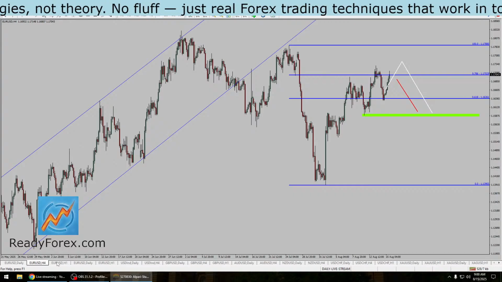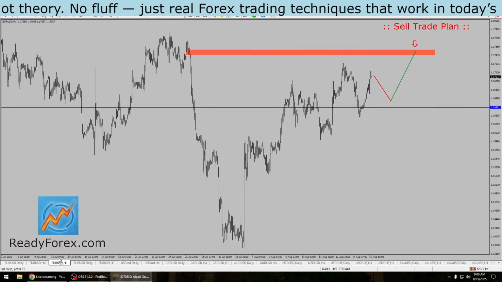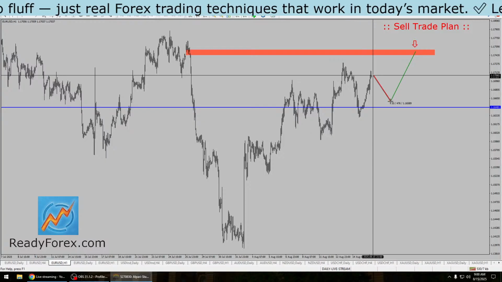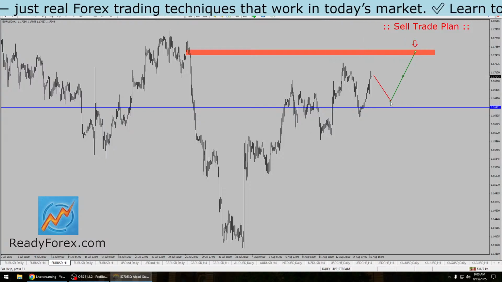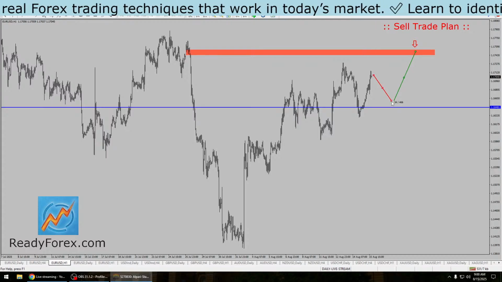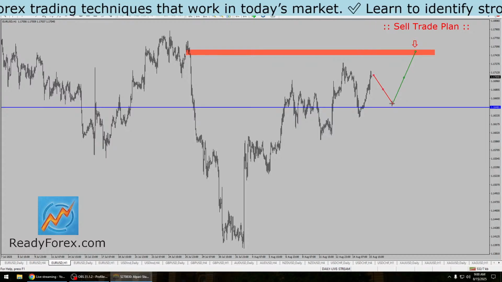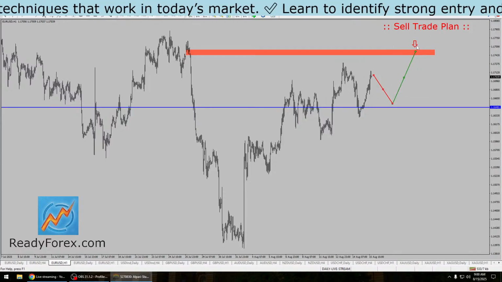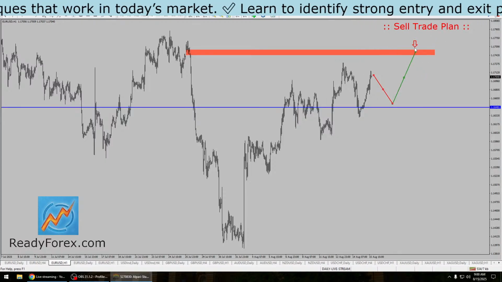Let me tell you what I think about this market. The way the euro dollar is probably going to drop, and we might get a pullback in price action, and then there's a possible sell trade setup right up here.